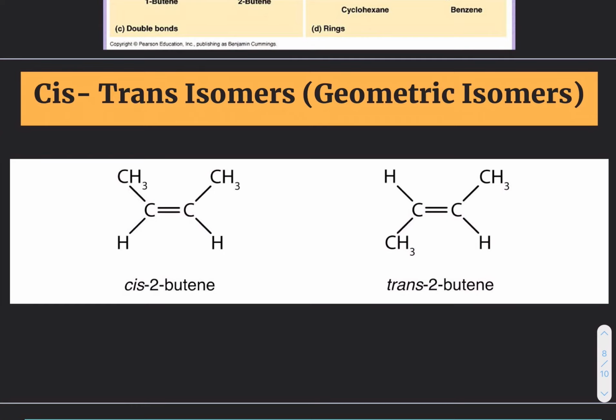So if you see in the diagram right here, there are double bonds present, meaning that there are two different ways that this can turn out. While these things right here are in different places, it can also be right here or right here, and that's the main identifying trait of a cis-trans isomer.